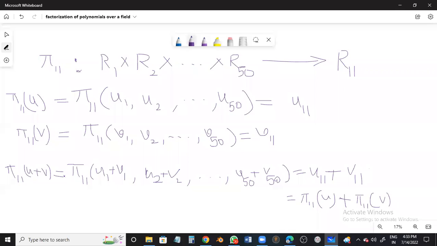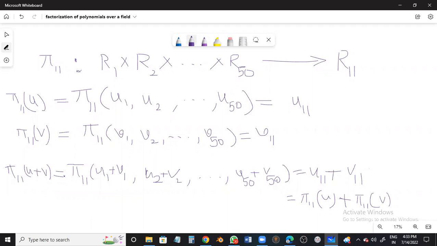What we did: the two members of the ring, U and V, we added, and we applied our pi 11 on it. What pi 11 does is give simply the 11th component. So we got our 11th component, that was U11 plus V11. Is it okay?